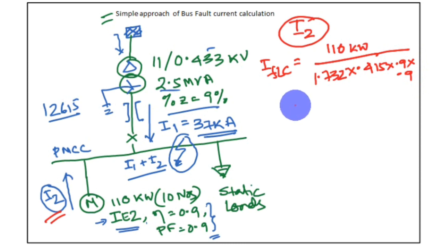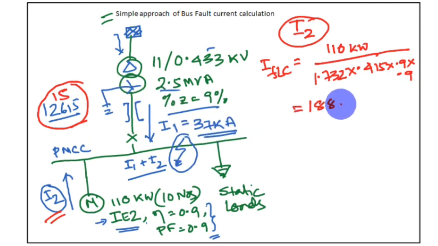I have considered both as 0.9, but you will get the efficiency value from IS 12615, and the power factor you have to consider from vendors as well. So the value of the full load current is around 188.93 ampere.